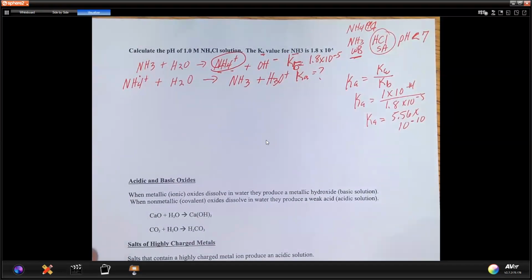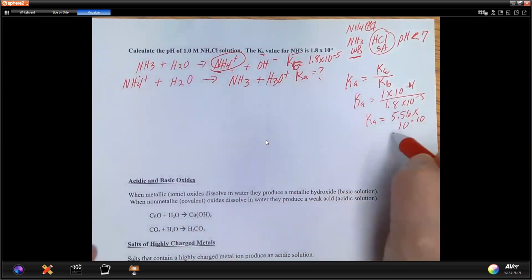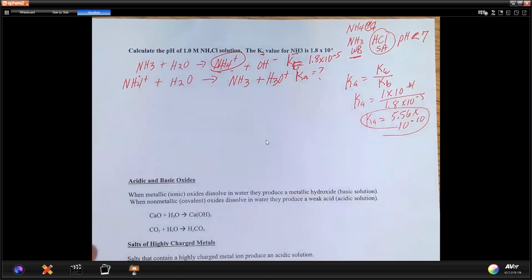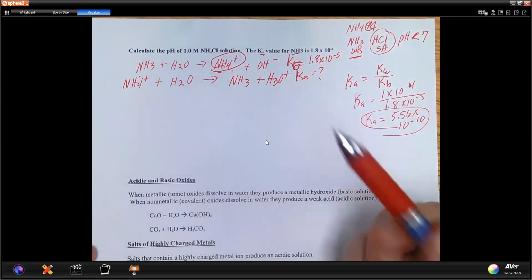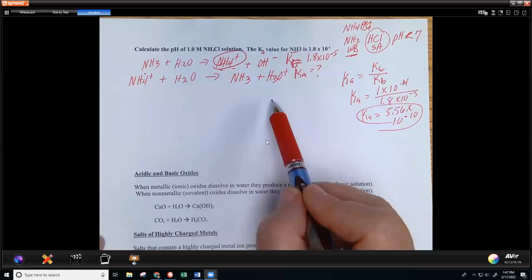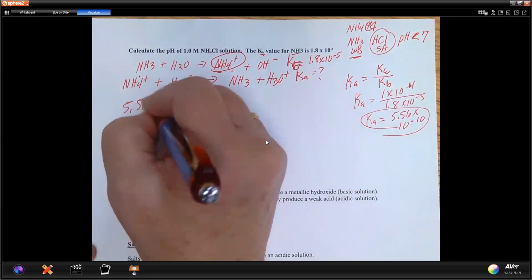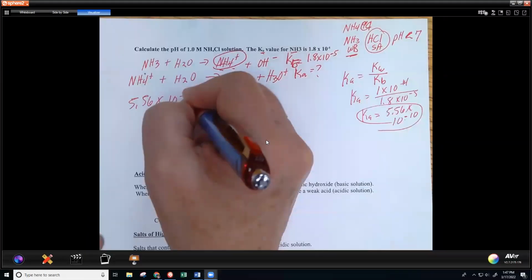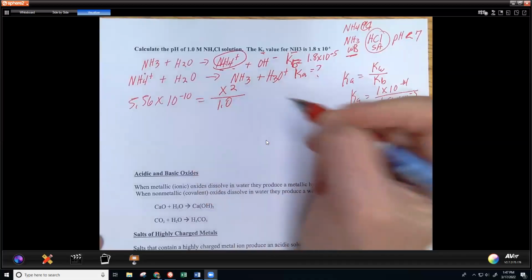All righty. So now I'm just going to start with my problem. And really, since I have my Ka, I'm not going to have to do a RICE table since we're going to ignore the X. So I end up with my Ka, 5.56 times 10 to the negative 10th, is going to be equal to X squared divided by 1.0.